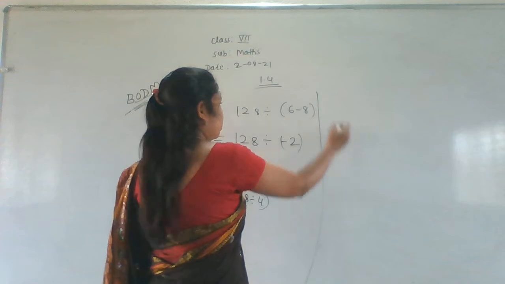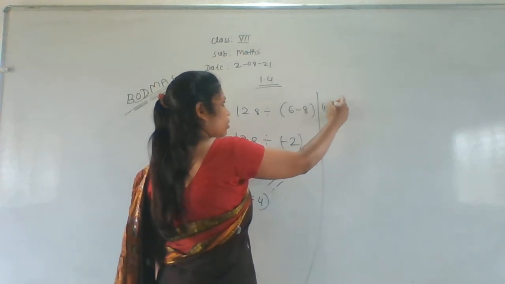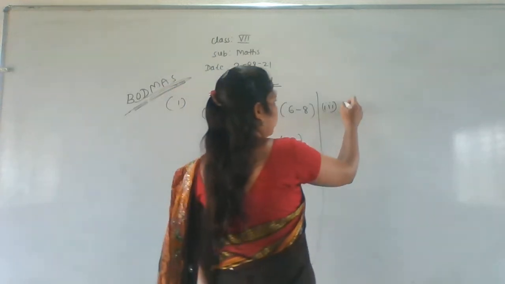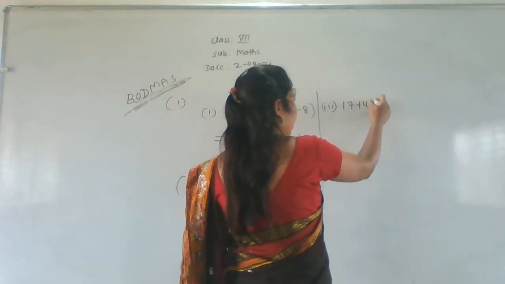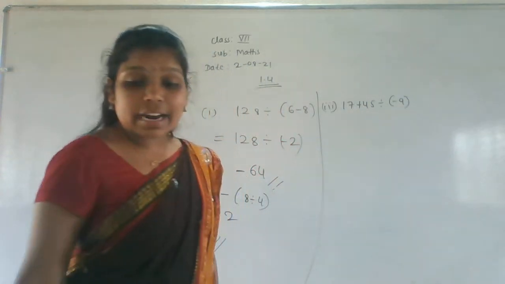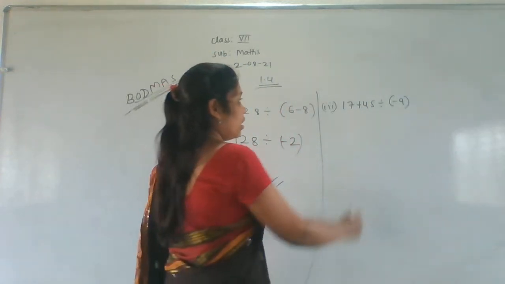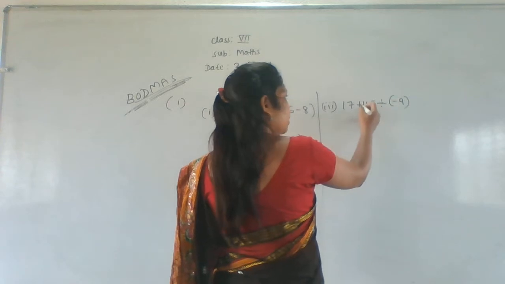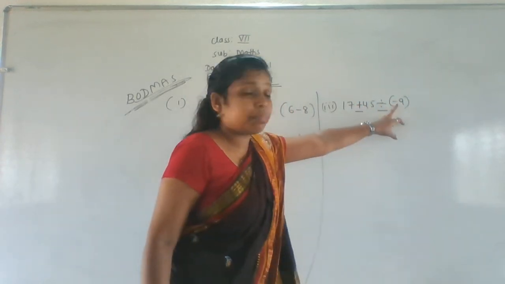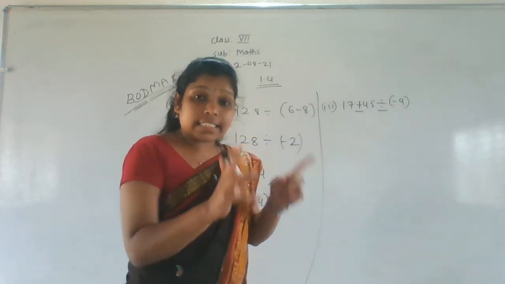Next, third one. What is the third one? 17 plus 45 divided by minus 9. Now observe the operations here are plus and division. Don't consider this minus 9 as subtraction, because it is inside the bracket.